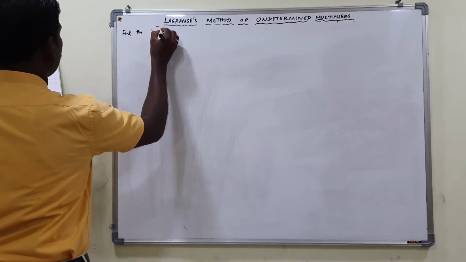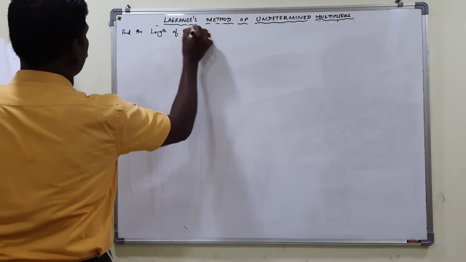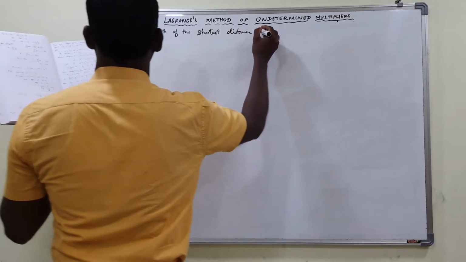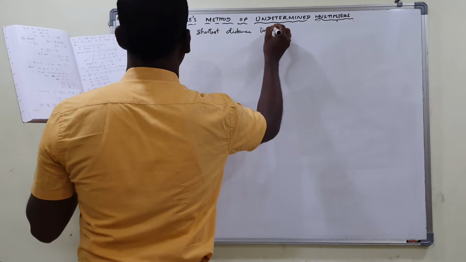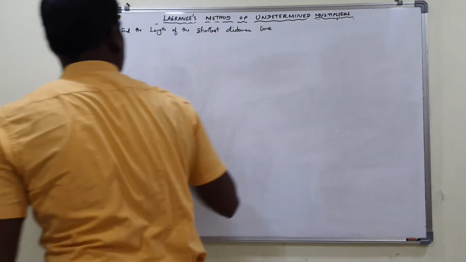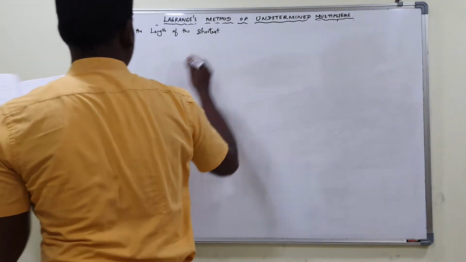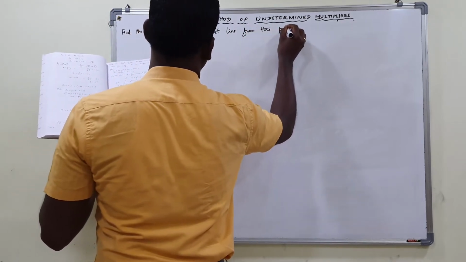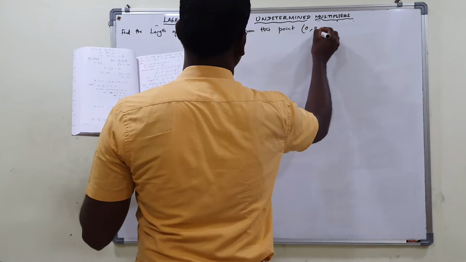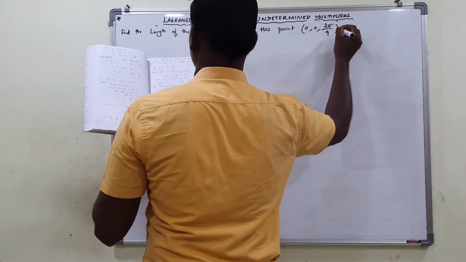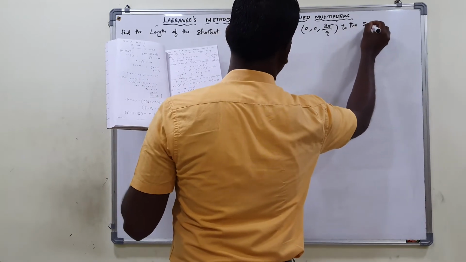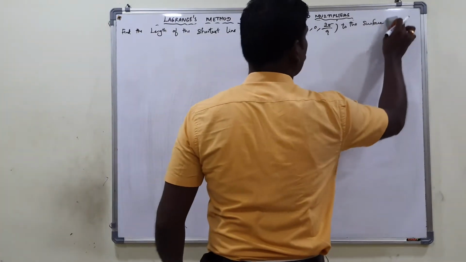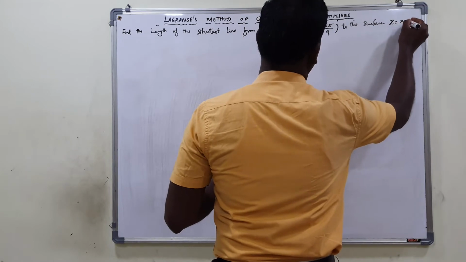Find the length of the shortest distance, shortest line, from the point 0, 0, 25 by 9 to the surface z equal to xy.